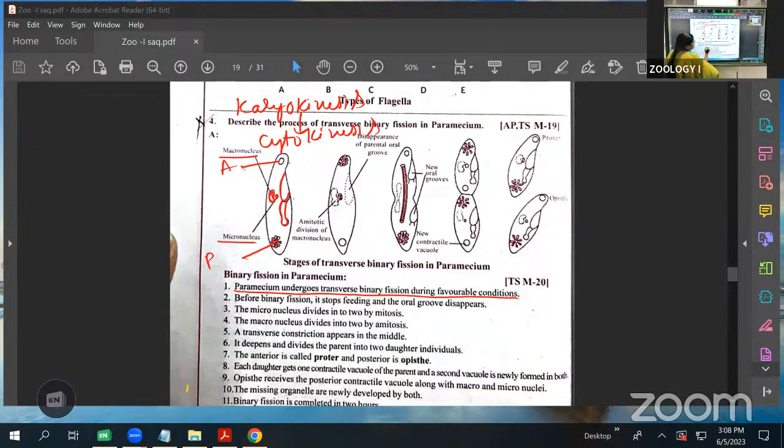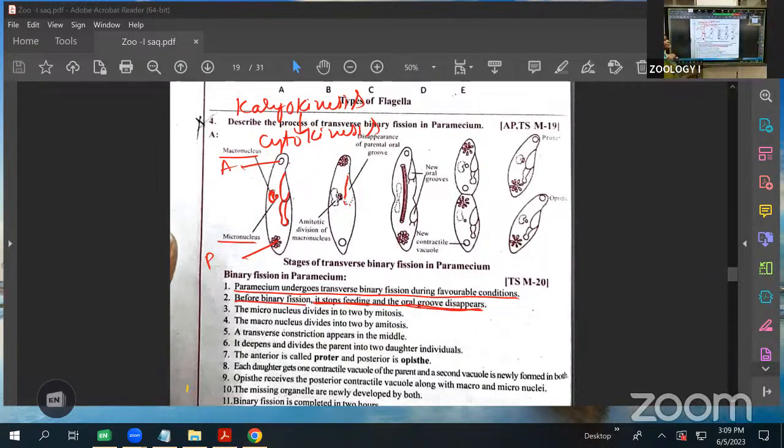Before the binary fission, it stops feeding, meaning it does not take food, and the oral groove disappears. Here the oral groove will be dotted, meaning it disappears.